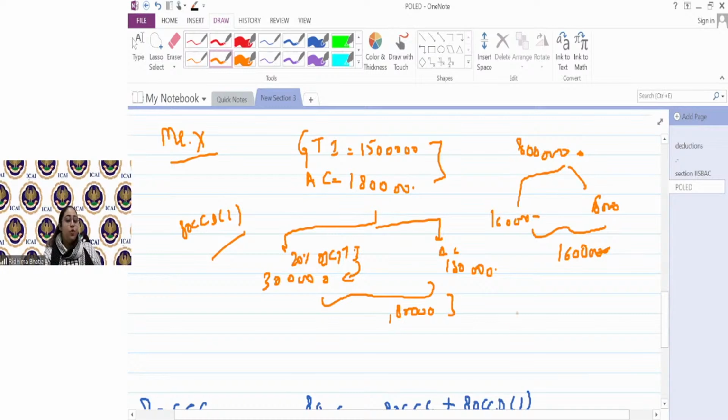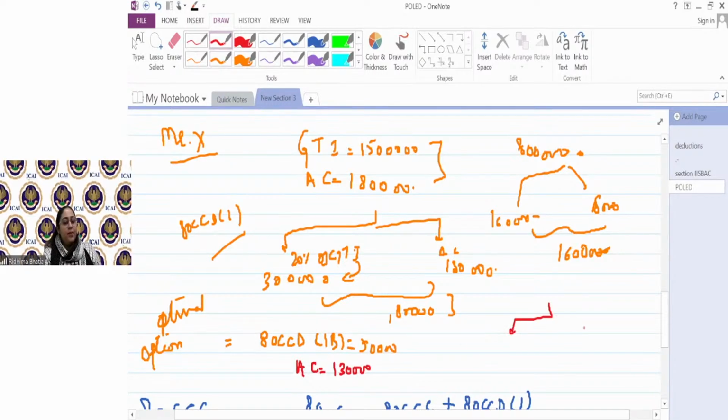So the best option here would be, the optimal option would be, this is not wrong, I'm saying optimal option. What is it? First, as a person I should have claimed 50,000 under 80CCD subsection 1B. Then how much actual contribution remains? 130.